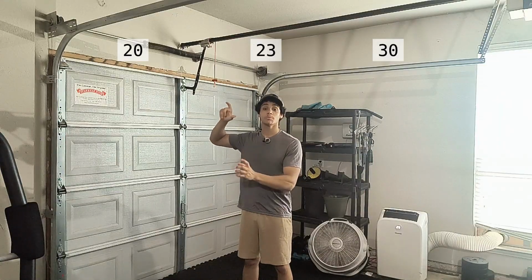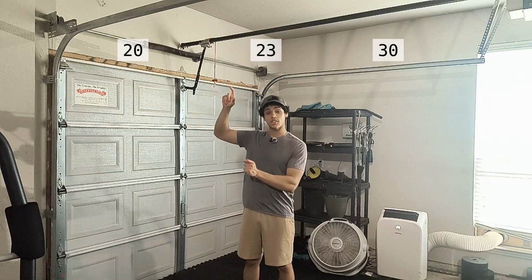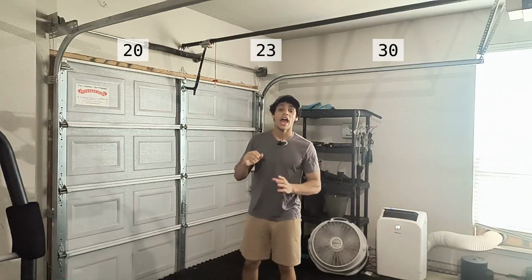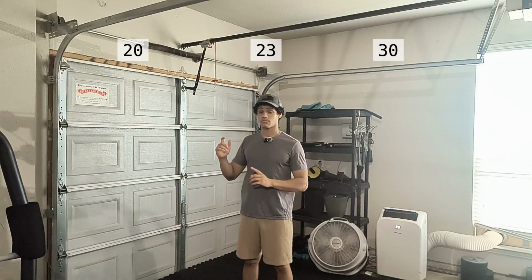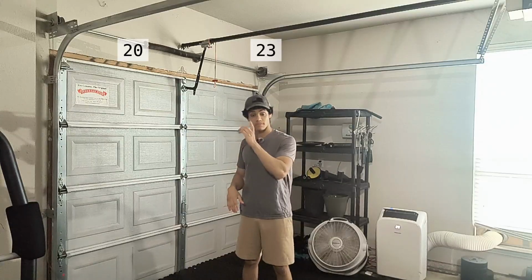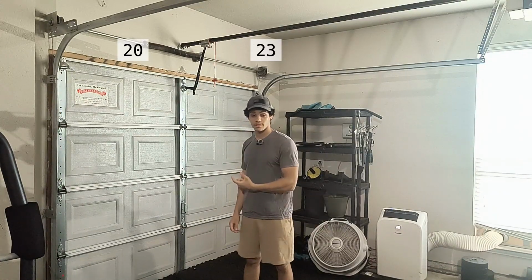Those are both multiples of 10. And we saw which number, 20 or 30, 23 is closest to. And 23 is closest to 20. So we rounded 23 to the closest tens, which is 20.